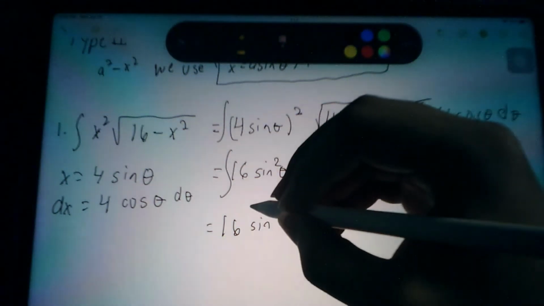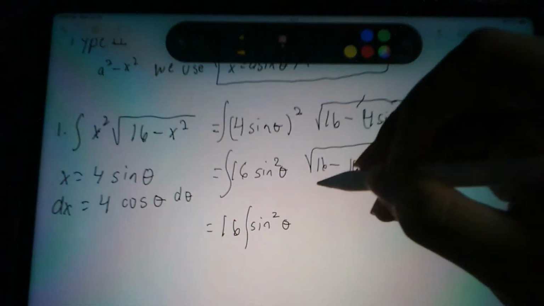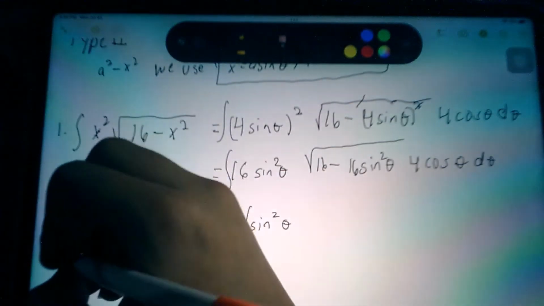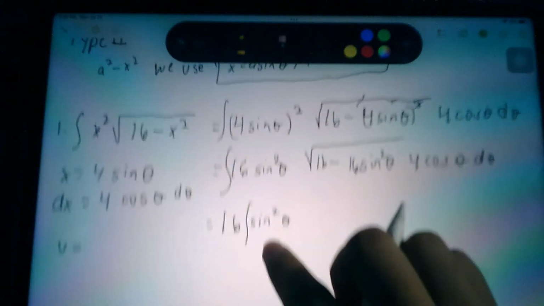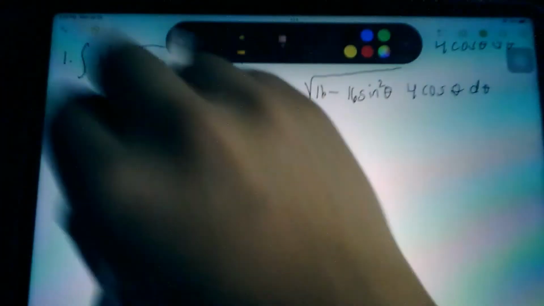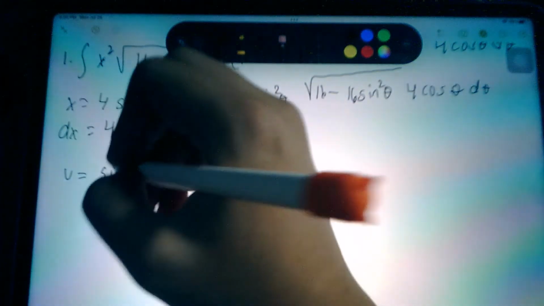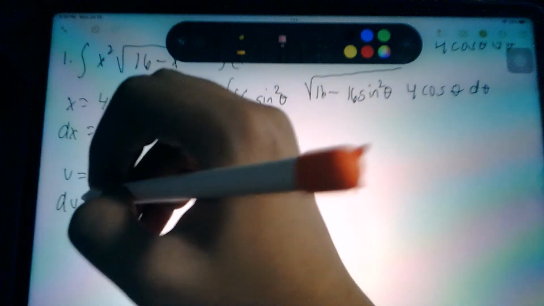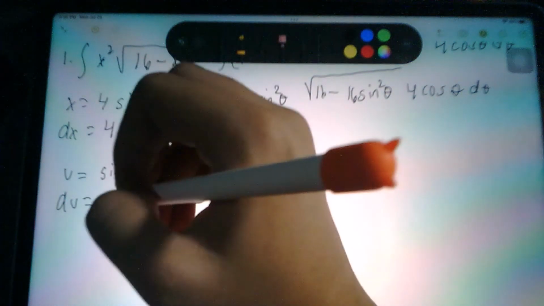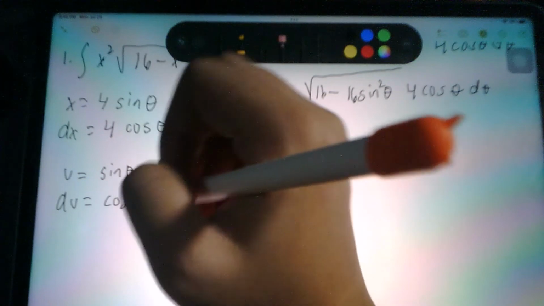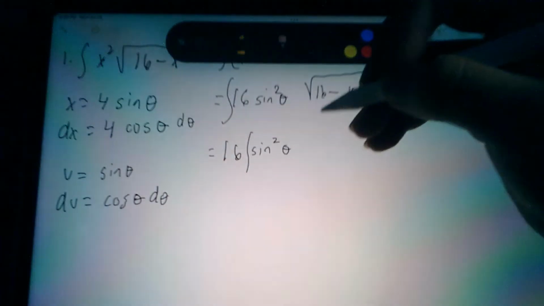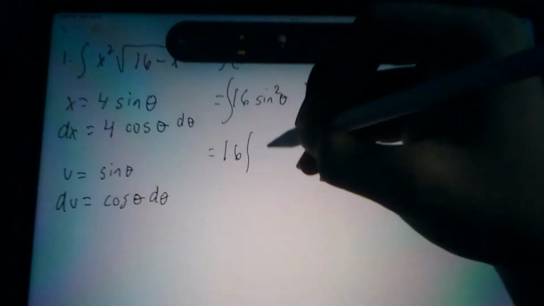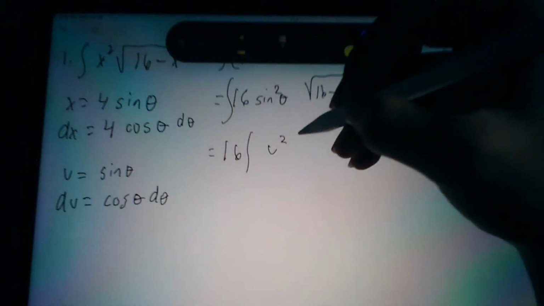So this will become 16. The integral of sine here, we use substitution. U here is simply sine theta, and the derivative of that is just cosine theta d theta. So this will become u squared.